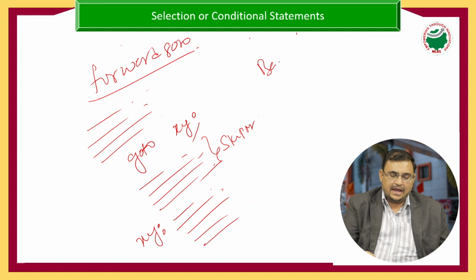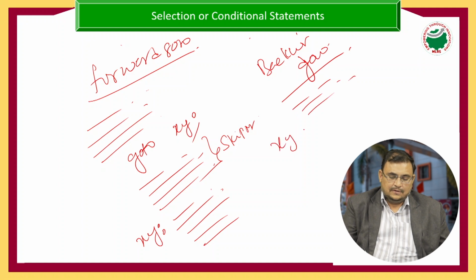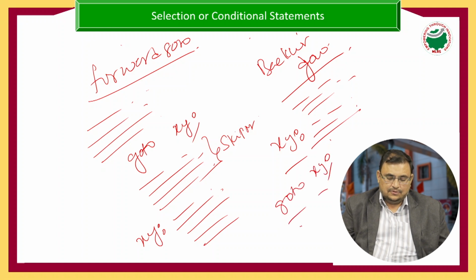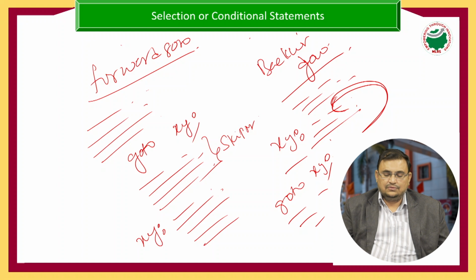Now coming to backward goto, where you write the label first, then goto the xy label. Here it always goes back to xy, which means it falls into an infinite loop.